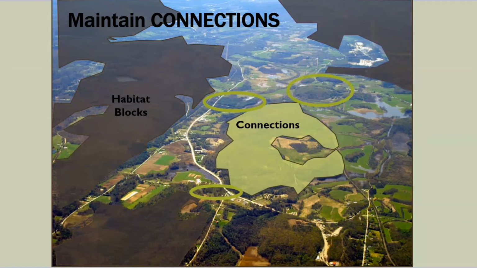Fortunately, in this area, we have these other smaller areas, these habitat connectors, that if pieced together can provide that connectivity function and connect the larger habitat blocks to each other.